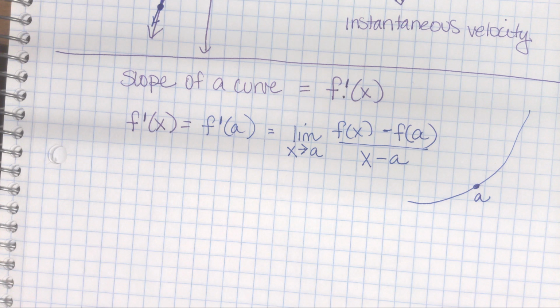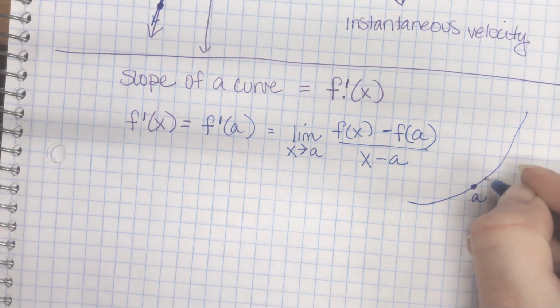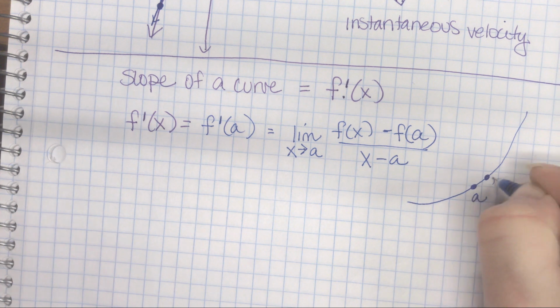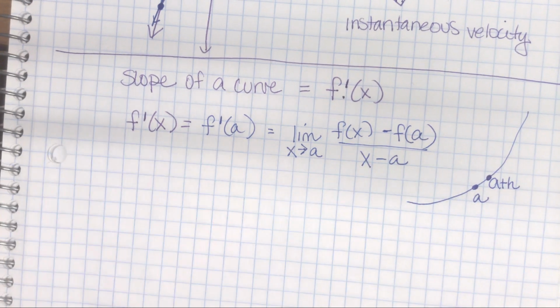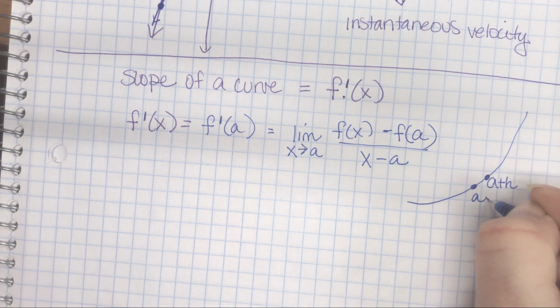Would you agree I could add a teeny tiny bit onto A? I'm going to call that point A plus H. And H is really tiny. What's a really tiny number? Close to 0.